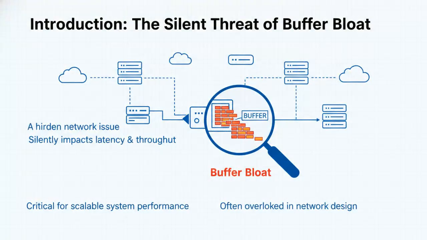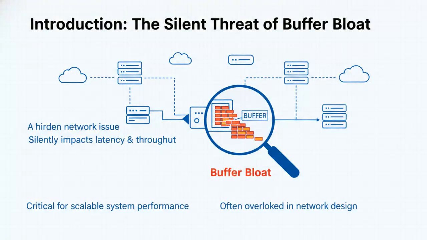Buffer bloat isn't just a random occurrence. It stems from several interconnected factors. One primary cause is the always-fill-the-pipe mentality of TCP congestion algorithms. Traditional TCP implementations are designed to aggressively send data until packet loss is detected, indicating network congestion. With large buffers, it takes much longer for these buffers to fill up and for packet loss to occur, effectively masking congestion and allowing queues to grow before TCP backs off.